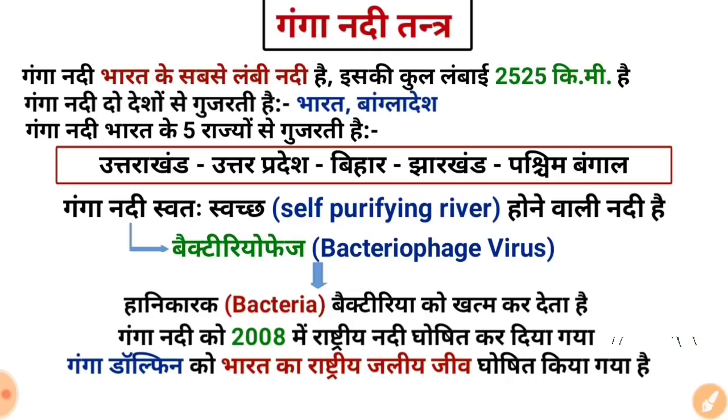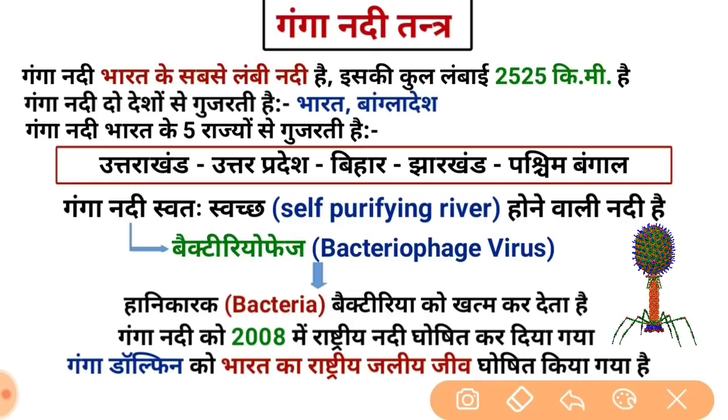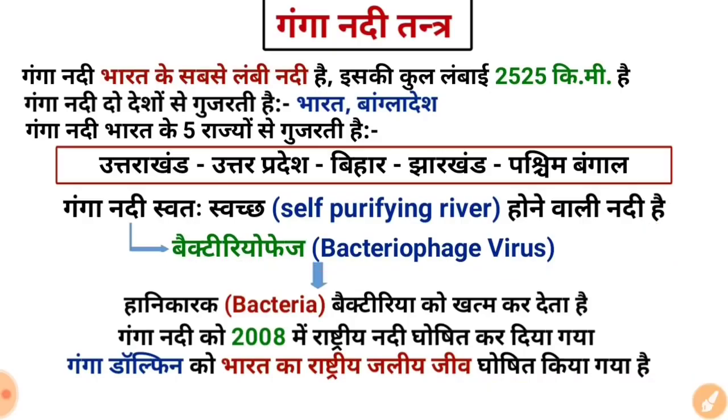The reason is a virus called bacteriophage, due to which the water of the Ganga river never gets spoiled. This virus, bacteriophage, kills the harmful bacteria in the Ganga river, due to which insects never attack the water of the Ganga river, and neither does the water get spoiled. Remember, this is an important fact.